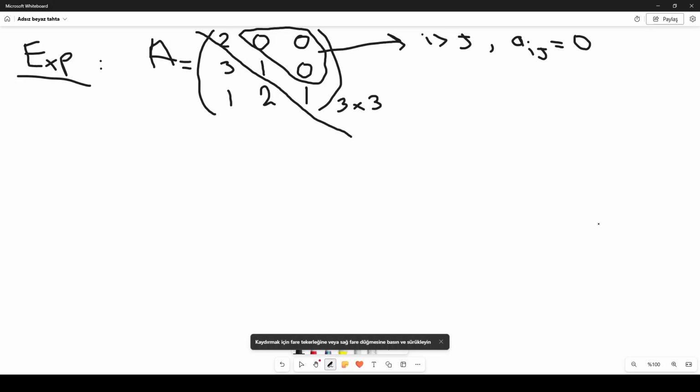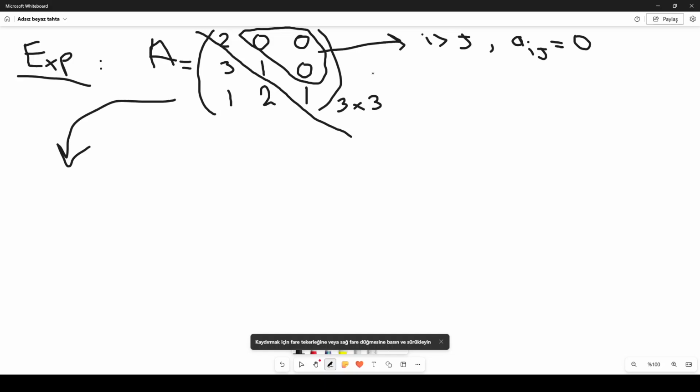Why have I selected this matrix? And what is the reason behind this? Okay, let's understand what the reason is. I will also come to a generalization after showing you how to compute the determinant of this kind of matrix.